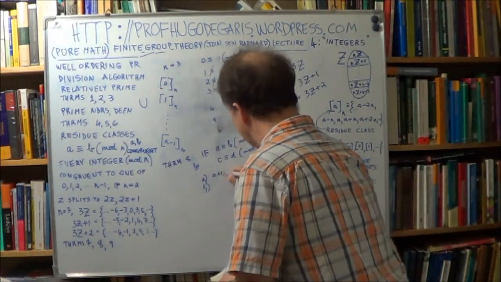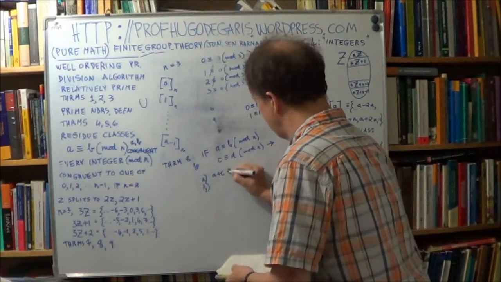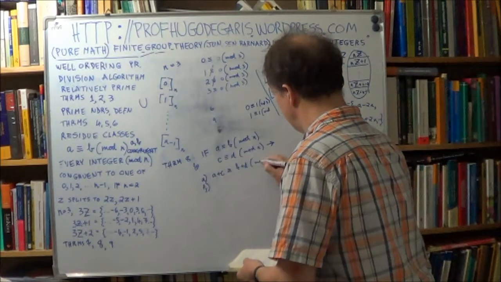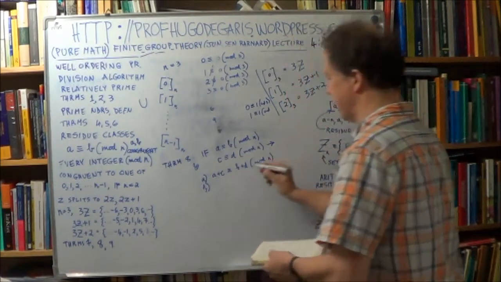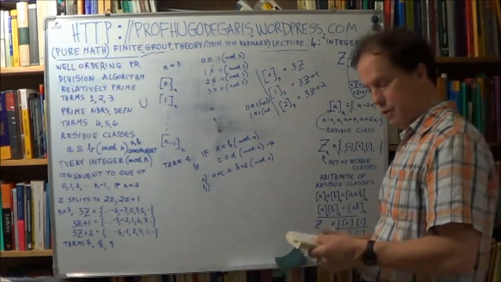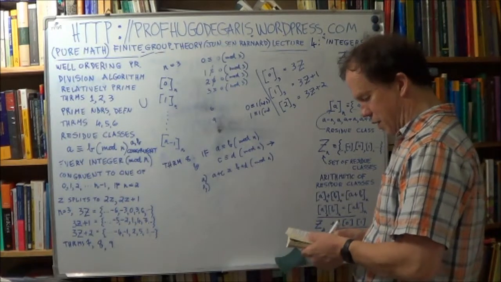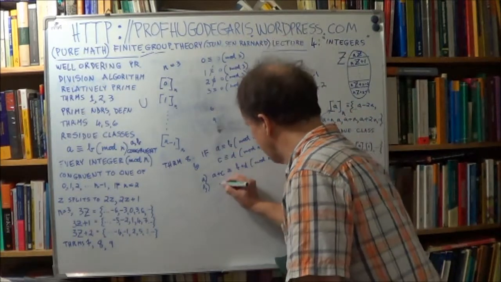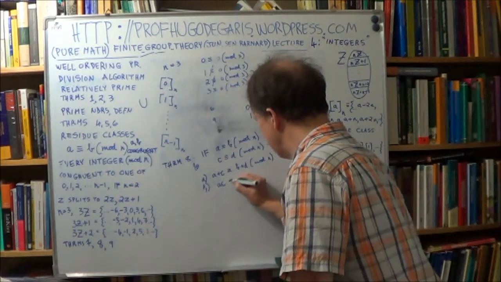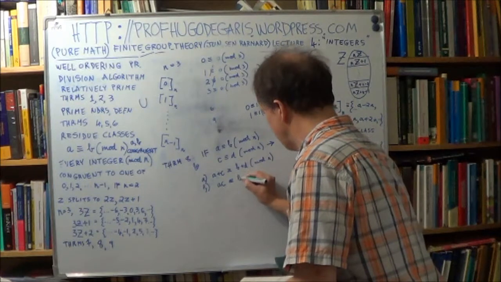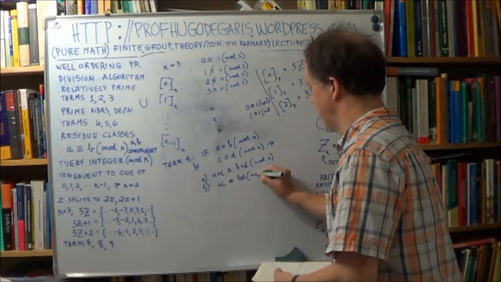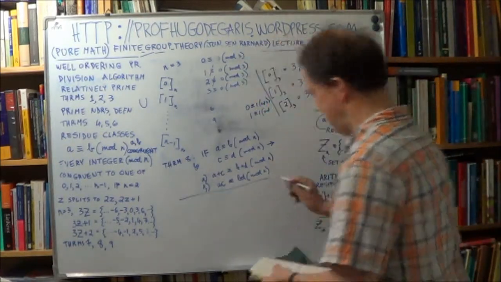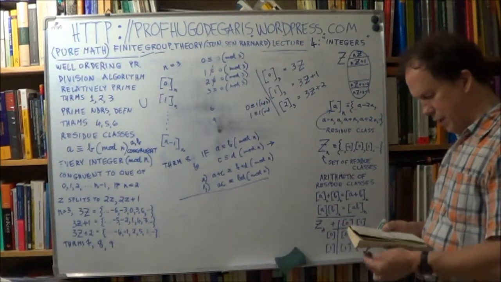A plus C, so you add these two, is congruent to B plus D mod n. So that's like addition, an addition form, and there's something similar for the product. If you multiply these two together, then AC is congruent to BD, the product, mod n. Alright, so let's prove those fairly quickly.